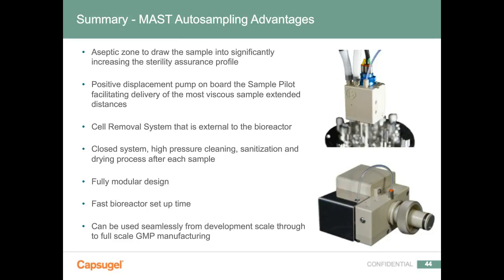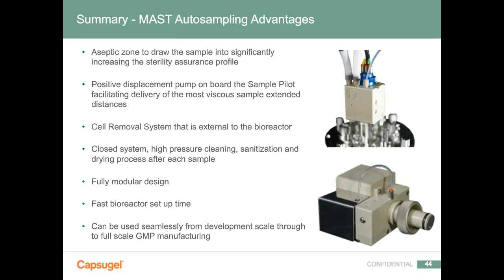On the cell removal system, it's important that the cell removal component is external to the bioreactor for the sterility assurance components and also for being able to change it without interrupting your bioreactor operation. That is very important.